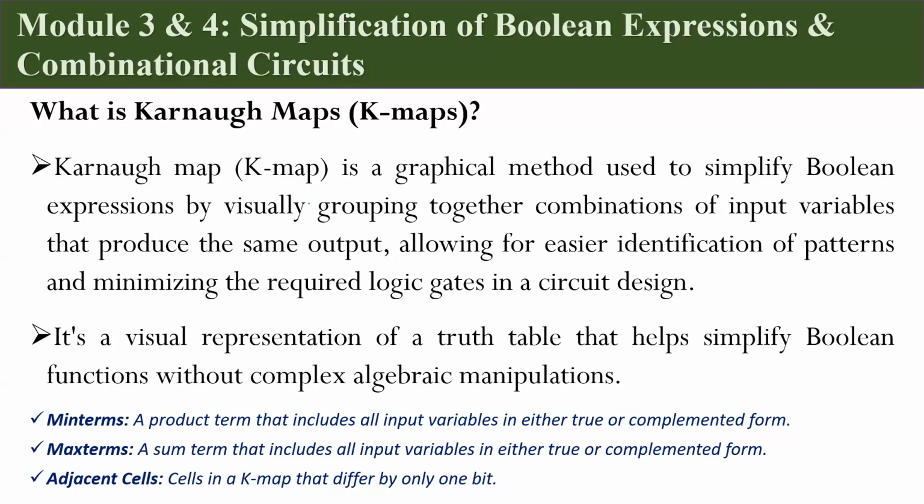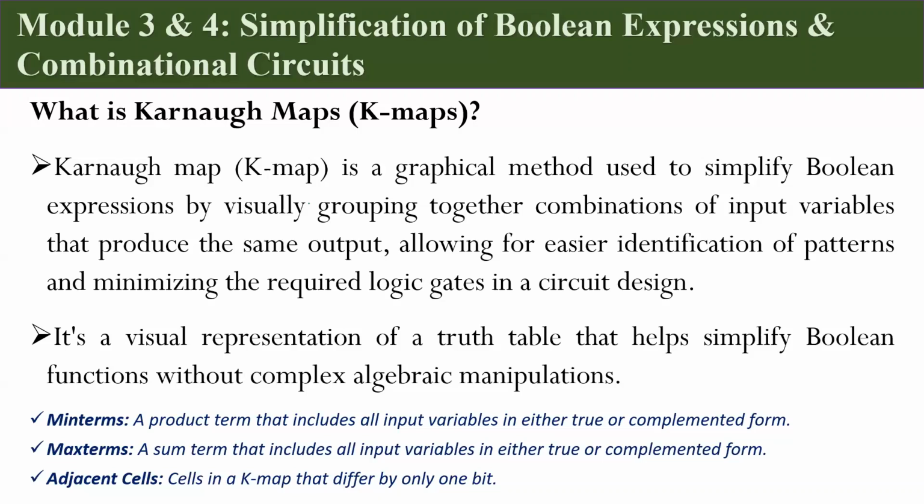So Karnaugh map is a graphical method of simplifying Boolean expression, and it does that by visually grouping together various combinations of input variables that produce the same output. So if you have different variables that produce the same output, then you group them together, okay? And by doing this, you will be able to identify the patterns and be able to come up with a minimized logic circuit design.